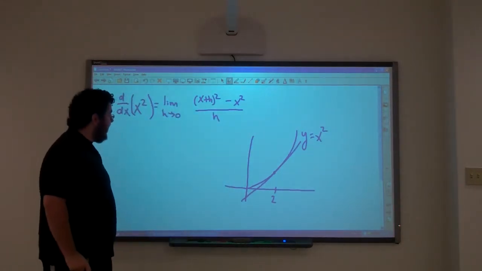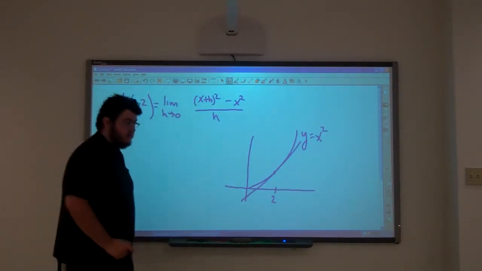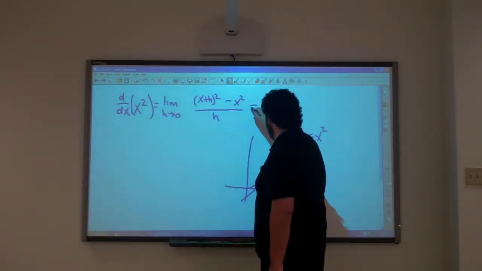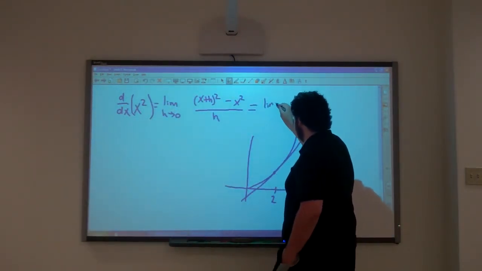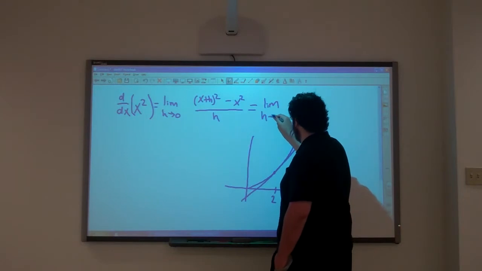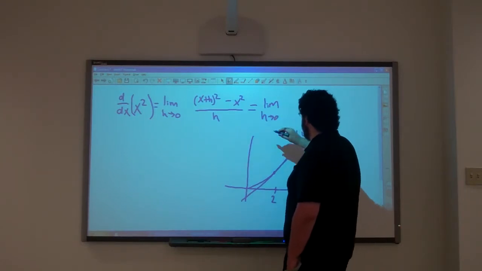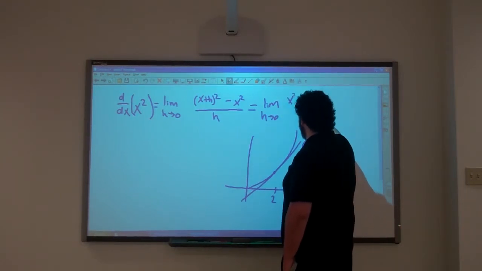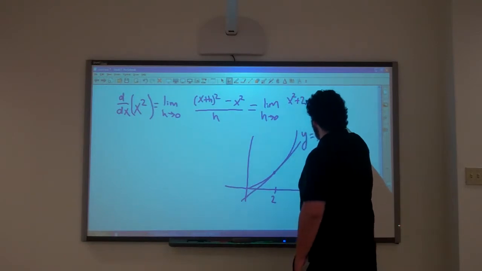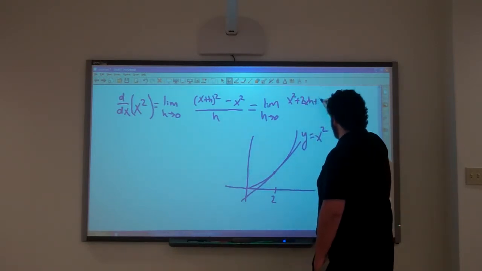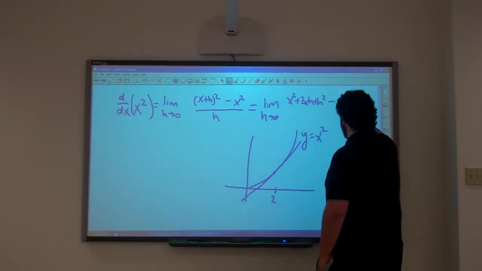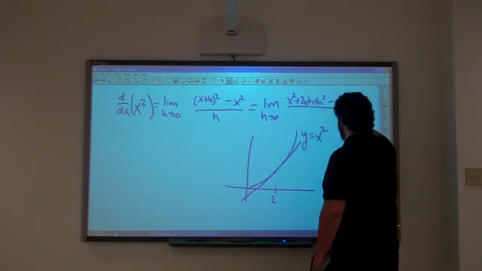Okay, so we need to expand this binomial here so we can start canceling terms. So we get our limit. So this gives us x squared plus 2xh plus h squared minus x squared all over h.